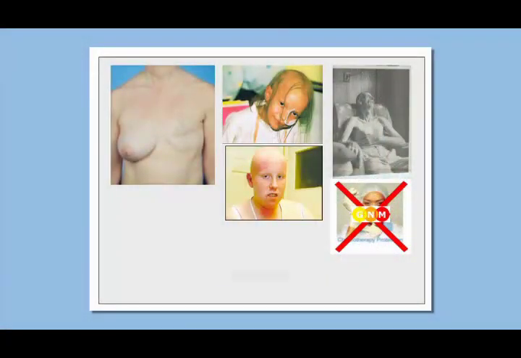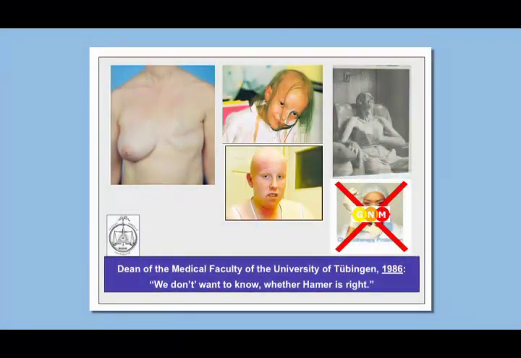So in 1986, Dr. Hammer took the medical faculty and the University of Tübingen to court. And in court, the judge asked the dean of the medical faculty why they don't test Dr. Hammer's discoveries. And this is what the dean said: "We don't want to know whether Hammer is right."